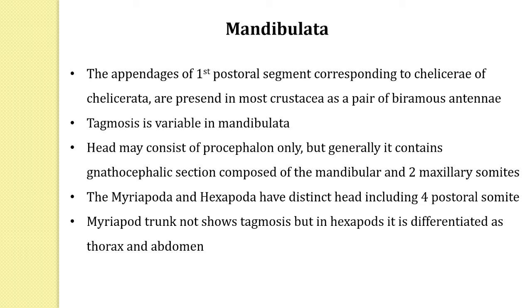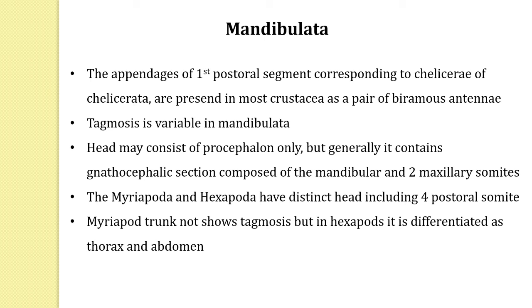We have already discussed the myriapods in great detail, and their characteristic features, and from that we have concluded that the myriapods, particularly the symphyla, are the most probable ancestors of the insects.